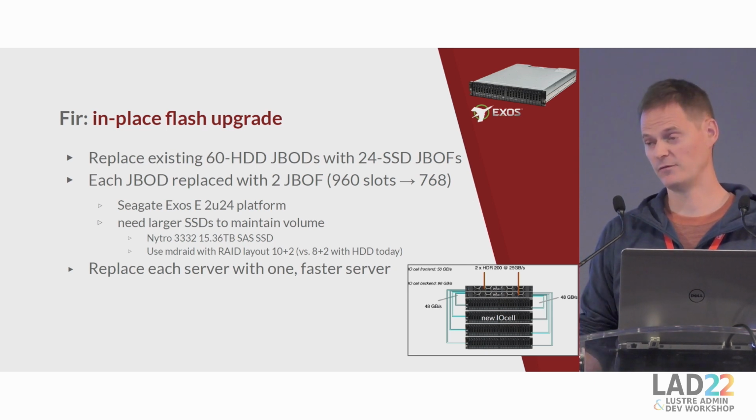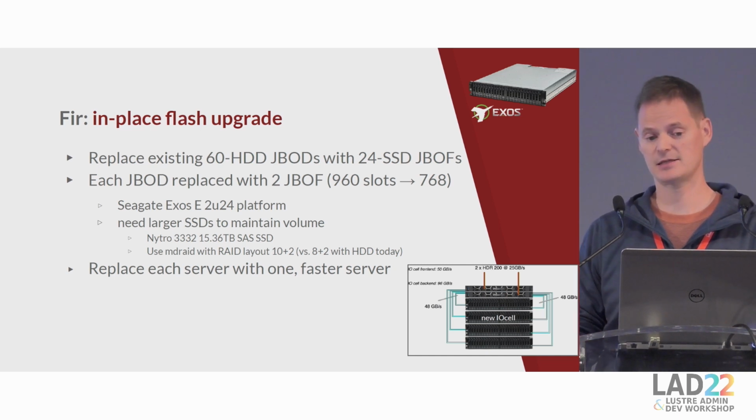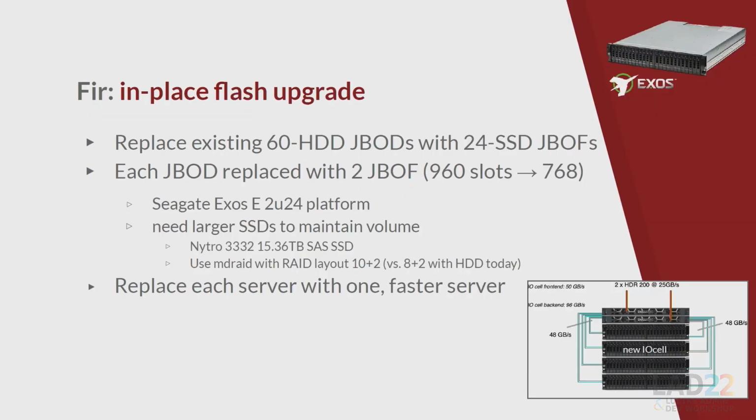We are also limited in footprint, so we are going to do a live in-place upgrade. FUR has 8 I/O cells. We are going to upgrade each I/O cell live without downtime. That's our goal. We figured out a way to reuse the same footprint, and we are going to remove the old HDDs and put in a new I/O cell.